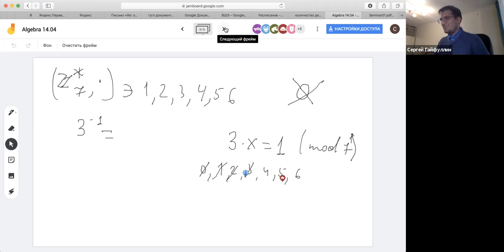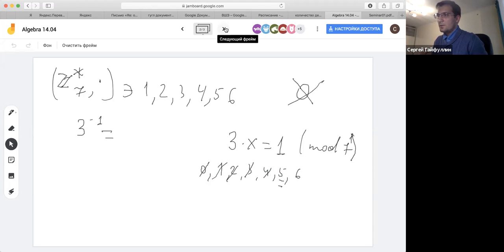Okay, somebody just says that 5 is good. We will see. 4 multiplied by 3 is 12, not 1 modulo 7. 5 multiplied by 3 is 15, so it's 1. Yes, of course, this is the correct solution.